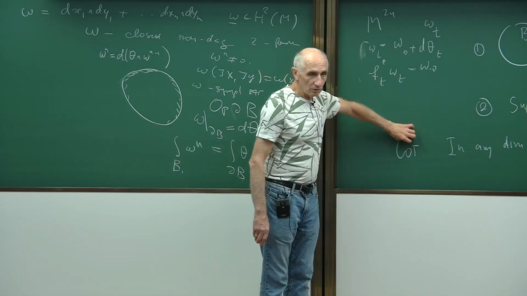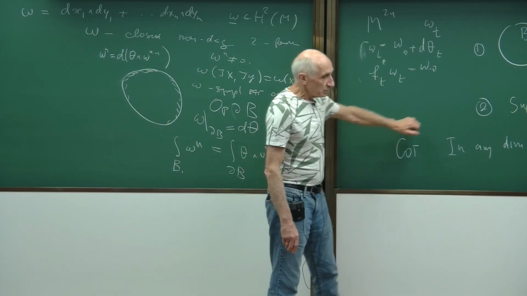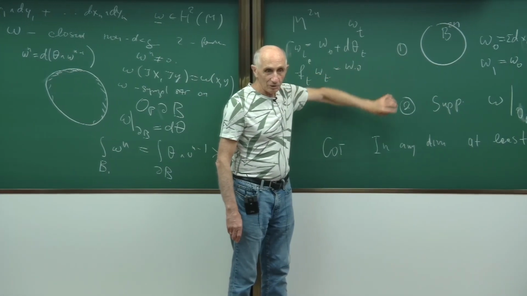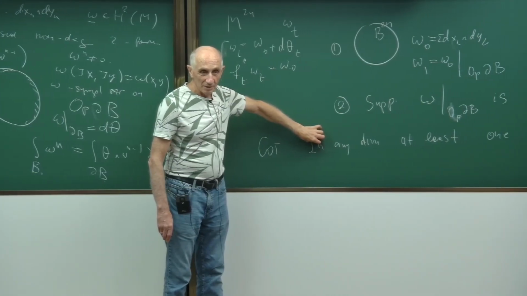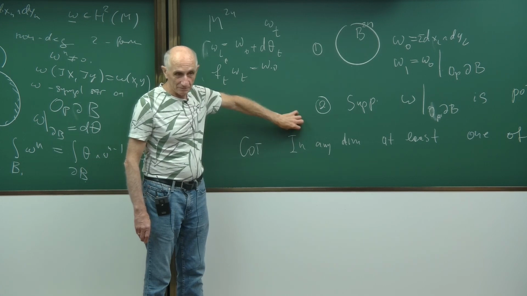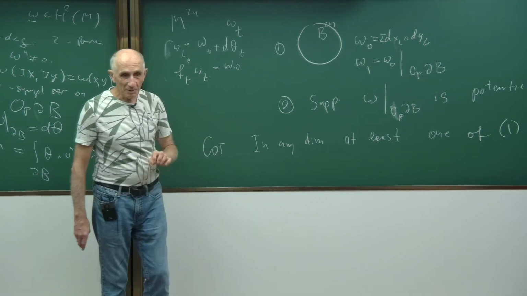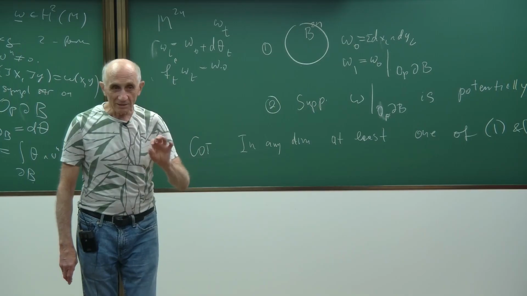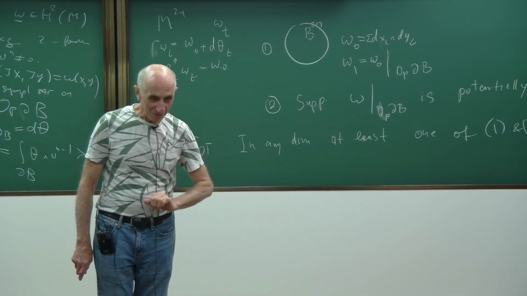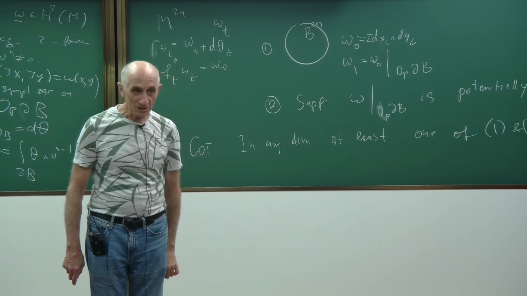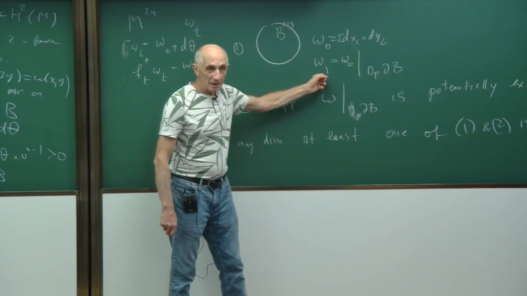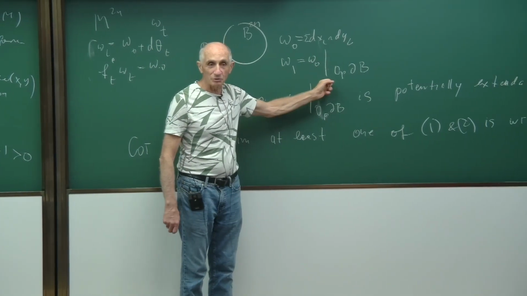So we know that 1 is wrong. What about 2? About 2, we know absolutely nothing. In dimension 4, there exists a somewhat positive result of Gromov, which says that every such form omega 1 is equivalent to omega 0.